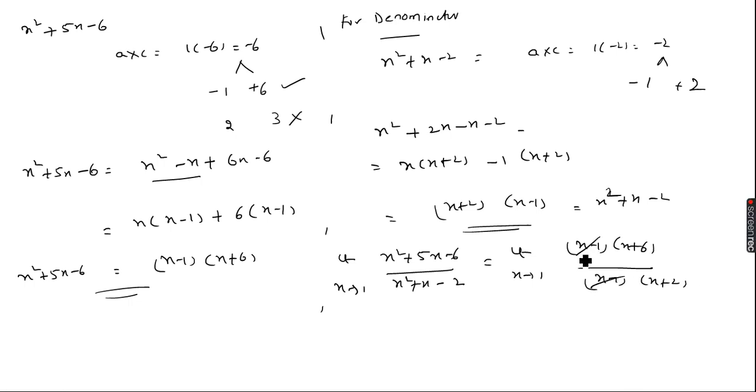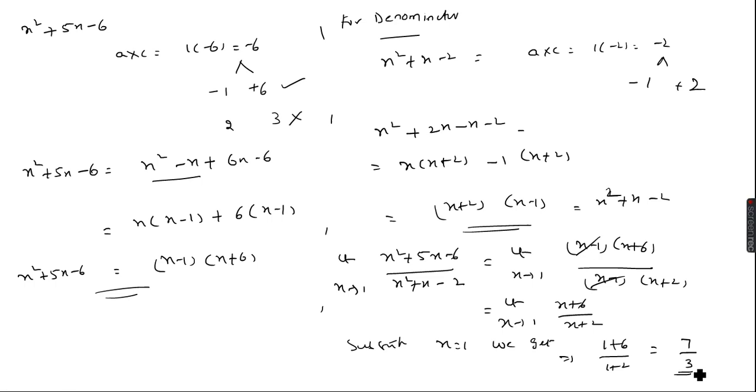So this is cancelled, and we get limit x tends to 1, x plus 6 by x plus 2. Substitute x is equal to 1, we get 1 plus 6 by 1 plus 2, that is equal to 7 by 3.